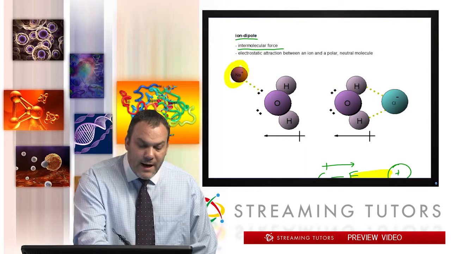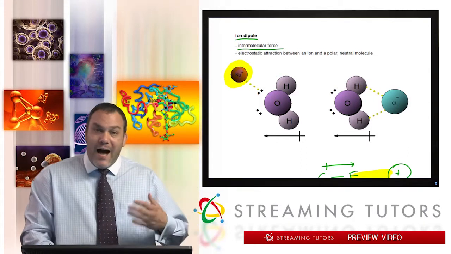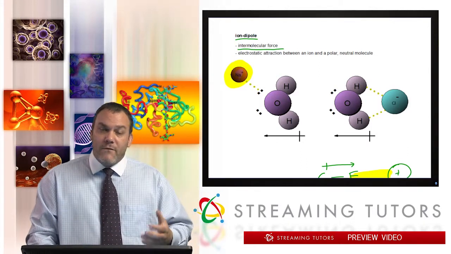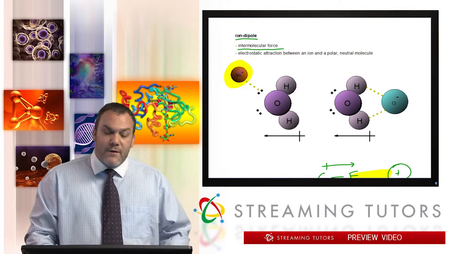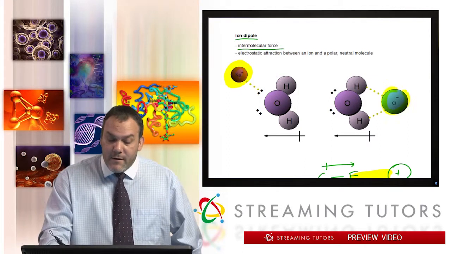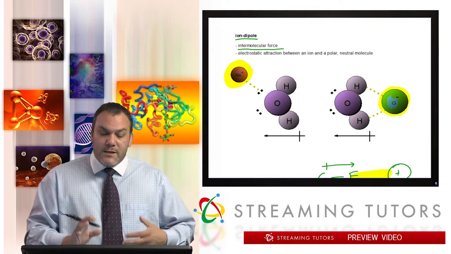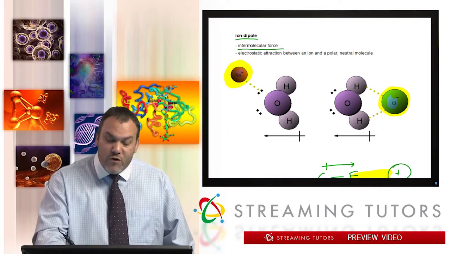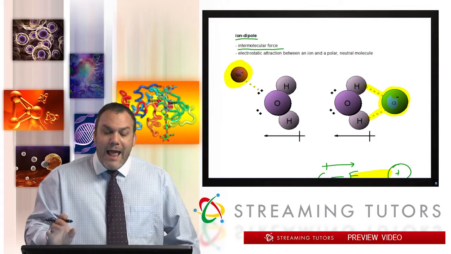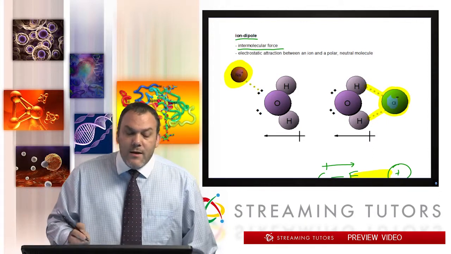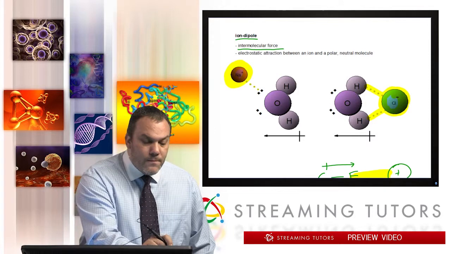So if something is positive, it'll go towards the oxygen. Remember, oxygen is more negative and the H's are more positive. If something is negative, like Cl minus, it'll go towards the H's. And so there'll be some sort of interaction, some sort of attraction. That's what the dotted lines are, and that's what draws them together. Okay, so this is the ion dipole.